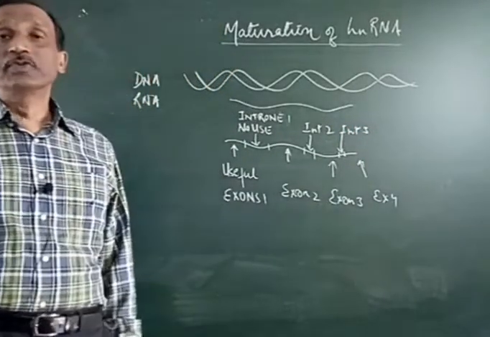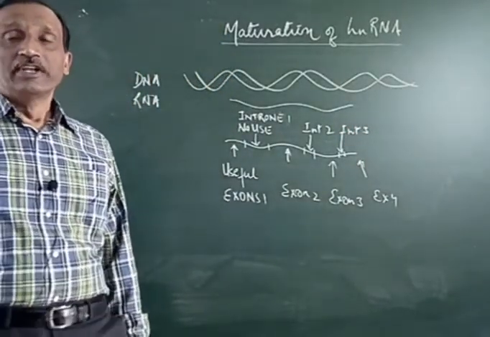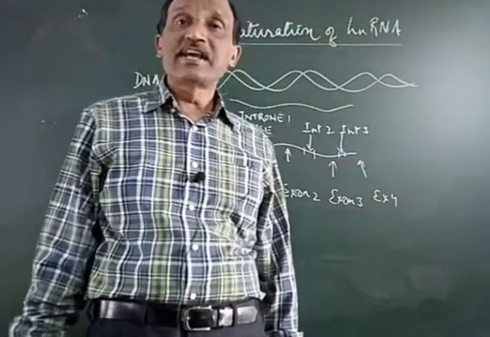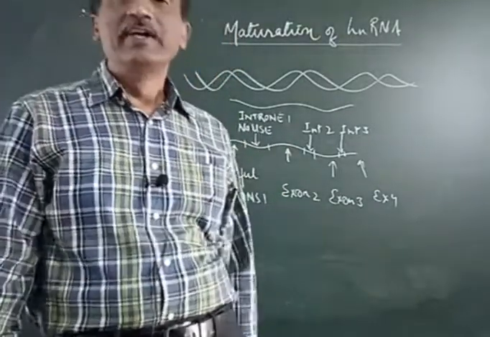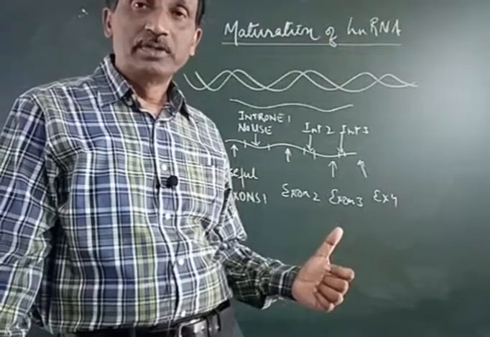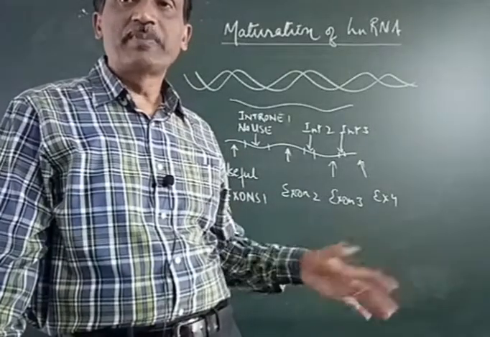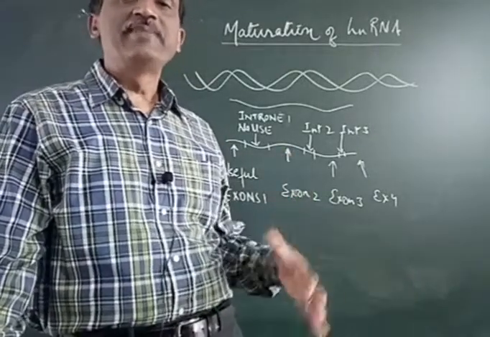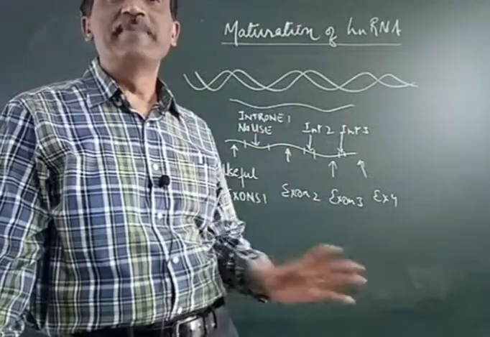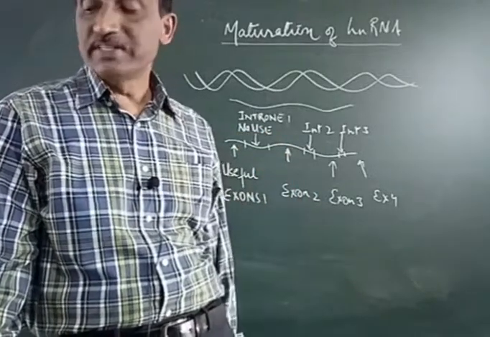How will they be removed? Now one thing I make clear: this type of complication is found only in eukaryotic organisms. In prokaryotes it is not required. In prokaryotes, the RNA made is mature enough and can immediately be used for protein synthesis.